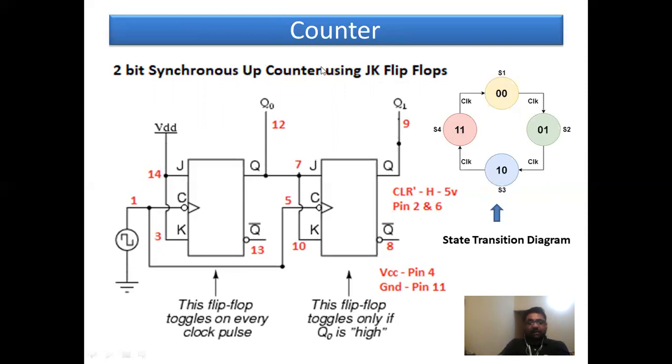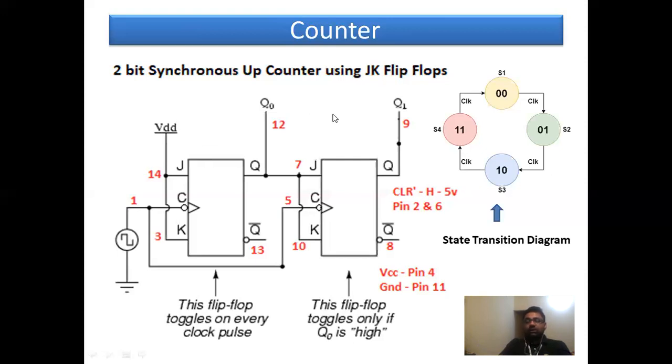This circuit consists of two JK flip-flops because it is a 2-bit counter. If it is an n-bit counter, then n JK flip-flops will be required. That's the rule of thumb. A 3-bit counter will have 3 JK flip-flops, a 4-bit counter will have 4, and so on. Here we have 2 JK flip-flops in the circuit diagram.